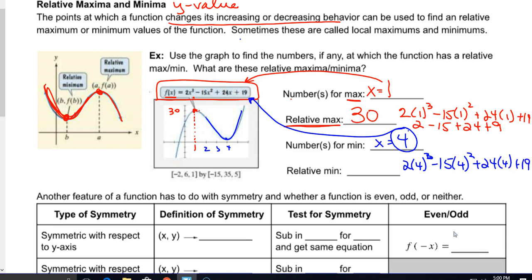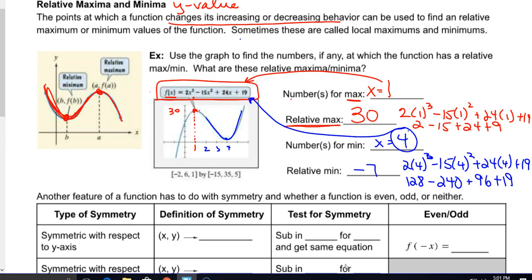Now, order of operations, I must cube that 4 first, which is 64, times 2 is 128, minus 4 squared is 16 times 15 gives us 240. 24 times 4 is 96, plus 19. So if I run that through, use your calculator if you need to, the minimum value is -7.